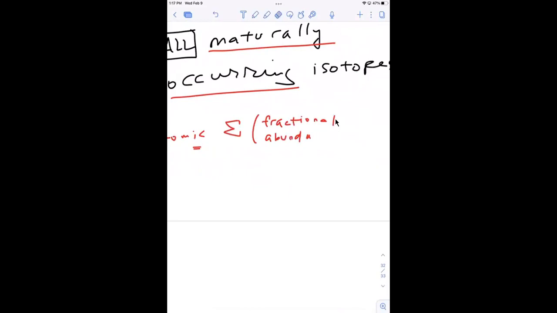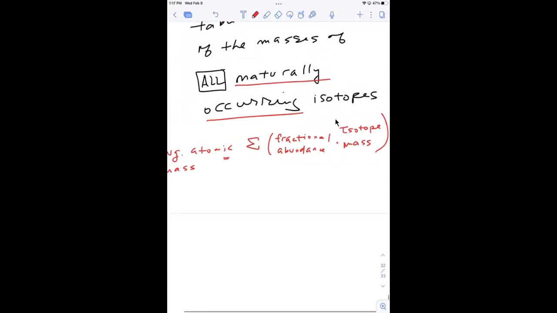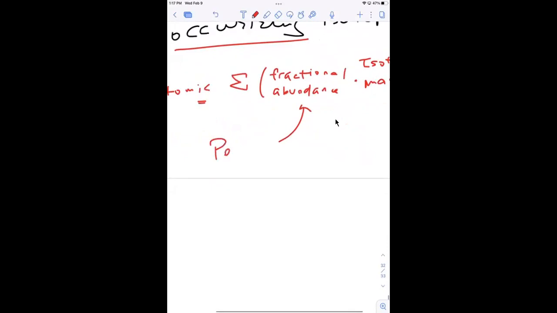So the fractional abundance times the isotope's mass. All right, so it's the sum of these two numbers.